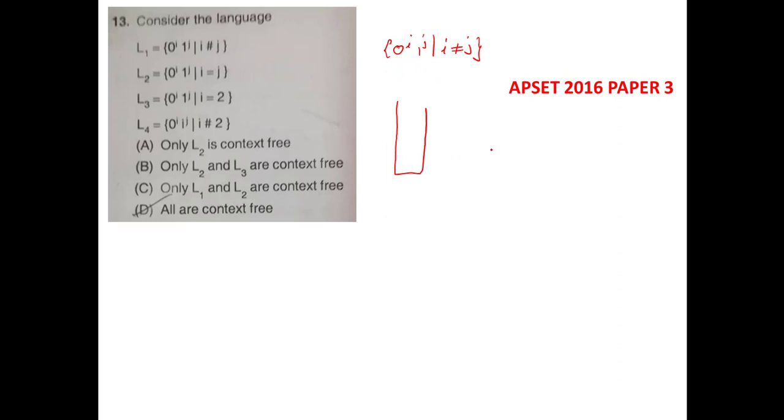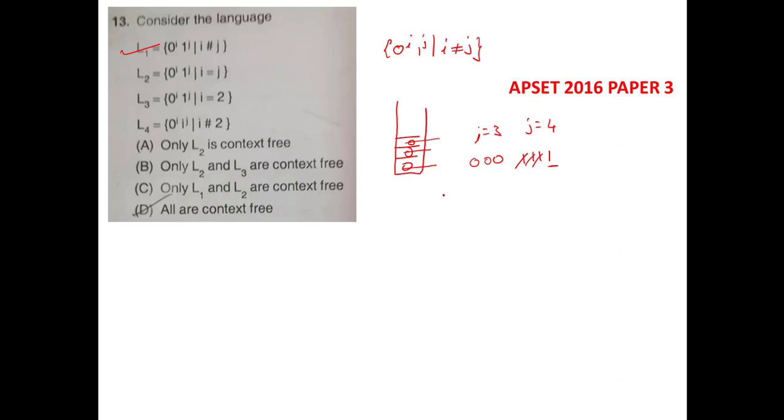For example, assume that we have three zeros and four ones, so i equals 3 and j equals 4. You push the three zeros, and for every 1 you pop a 0. For the first 1 you pop the first 0, for the second 1 the second 0, and for the third 1 the third 0. Now the stack is empty, but one 1 remains. Even though one 1 remains, this language is accepted under context free, so L1 is context free.